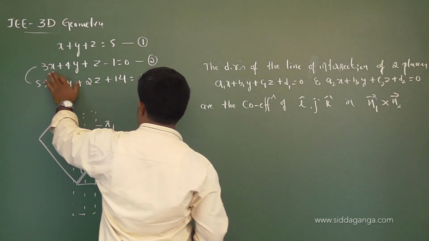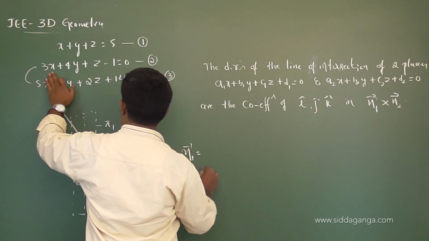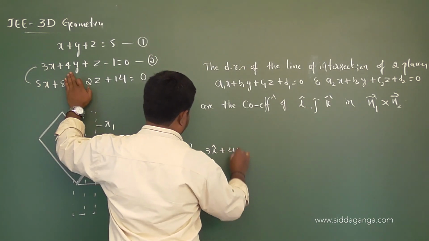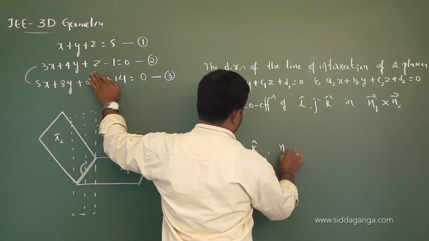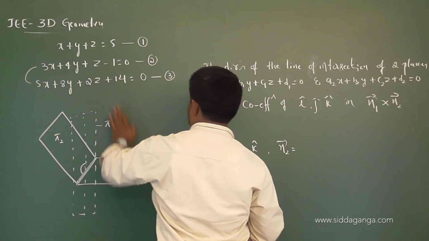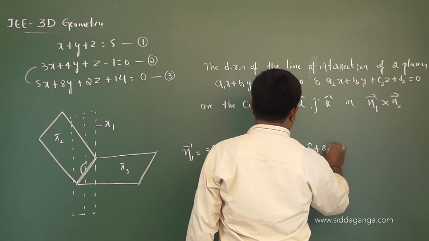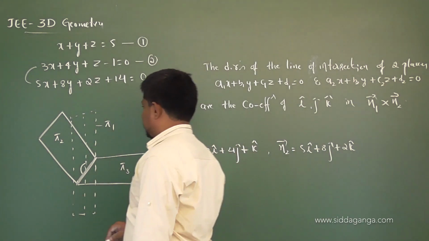Here n1 is 3i plus 4j plus k, and n2 is 5i plus 8j plus 2k, the normal for the second plane.